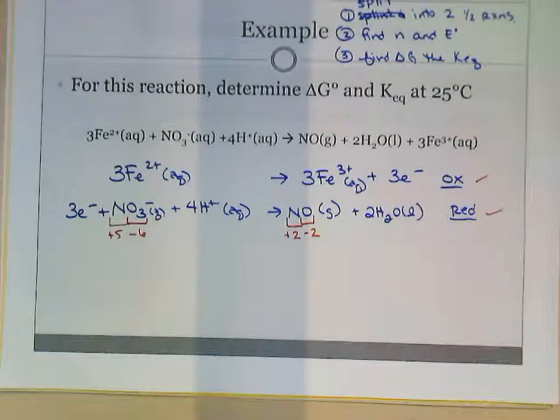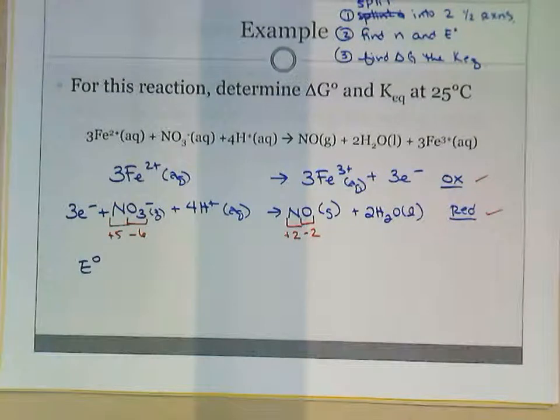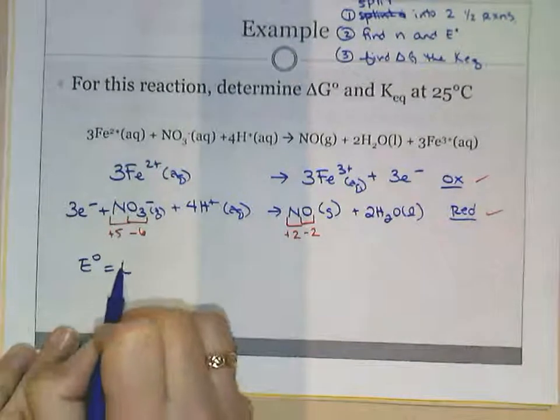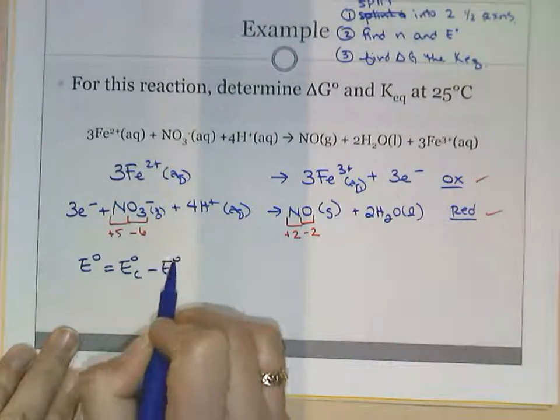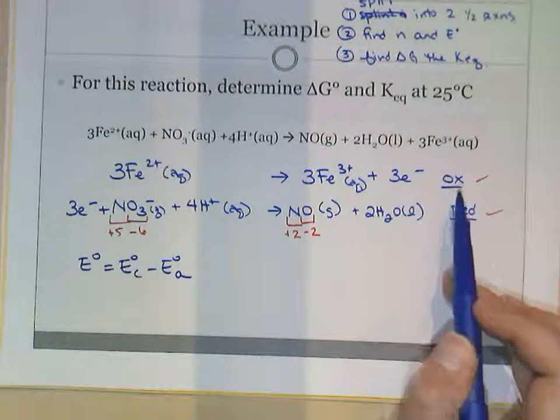All right, so now let's find our E0. How do I find E0? It's what minus what? Okay. Is the oxidation at the cathode or the anode? Anode.